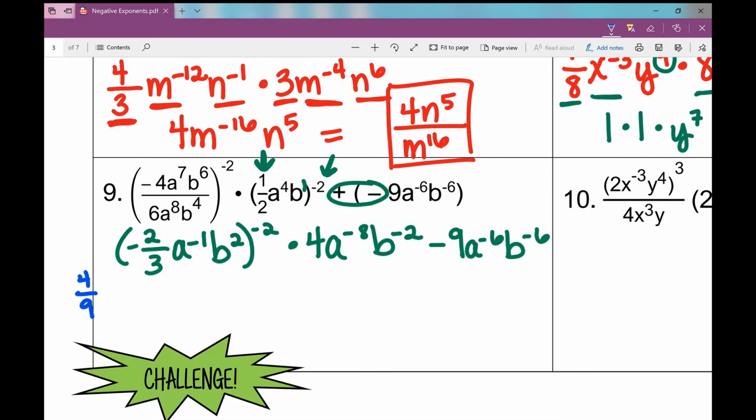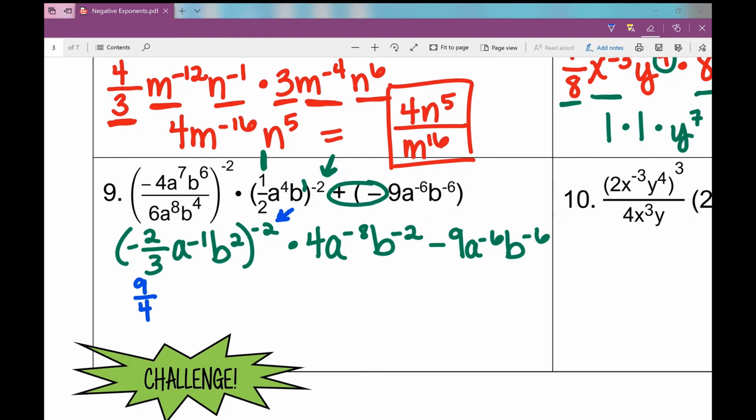But since this exponent is negative, I'm going to flip that fraction. That becomes 9 over 4. So our fractions flip. You can still square them or raise them to the power of 3 or whatever, but if that exponent's negative, you're going to flip that fraction. That's kind of what we did here with the 1/2.